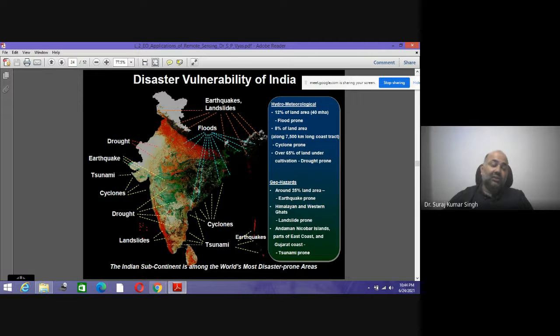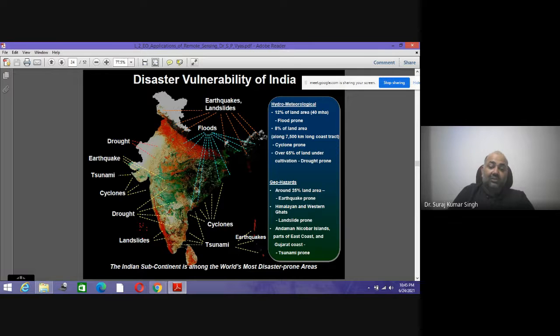Not only are we using the satellite images for the various natural resource management, but we are greatly mapping the entire area in terms of disaster vulnerability, because if you see the entire terrain and you classify the terrain according to the various kinds of hazards, you'll be seeing that in the Himalayan front we are facing the severe problem of earthquake and landslides, and in the low lying as well as the Himalayan northeastern, northwestern parts, there are recurrent problems of flooding, not only in the Himalayan but in the Indo-Gangetic Plain, Odisha, West Bengal, Chhattisgarh.